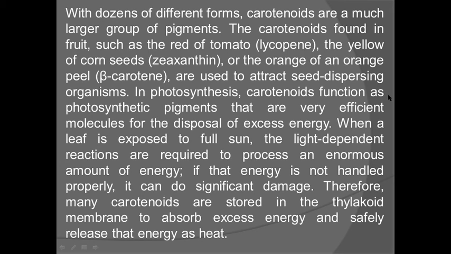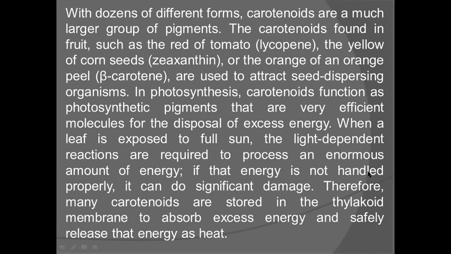In photosynthesis, carotenoids function as photosynthetic pigments that are very efficient molecules for the disposal of excess energy. When a leaf is exposed to full sun, the light dependent reactions are required to process an enormous amount of energy.